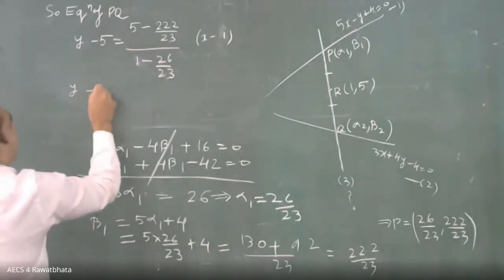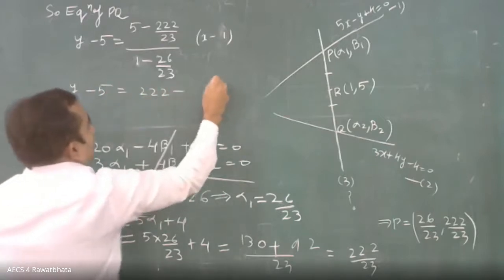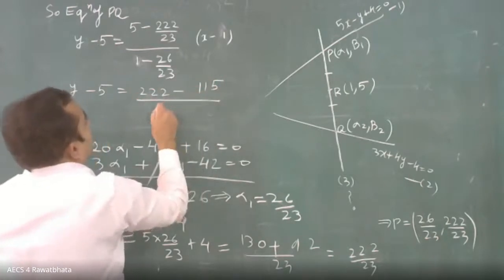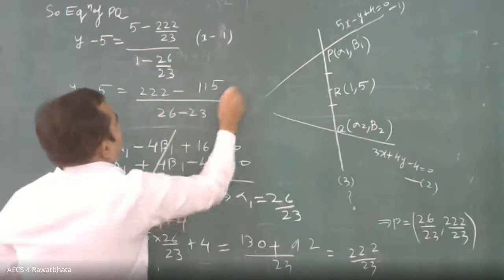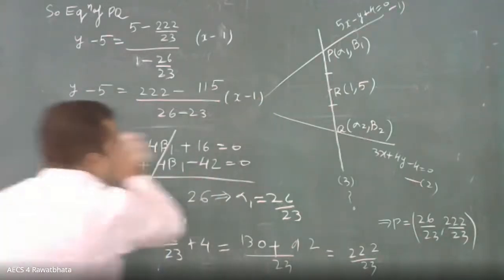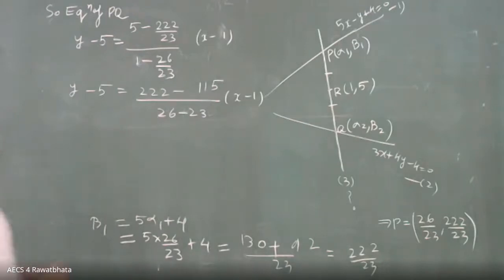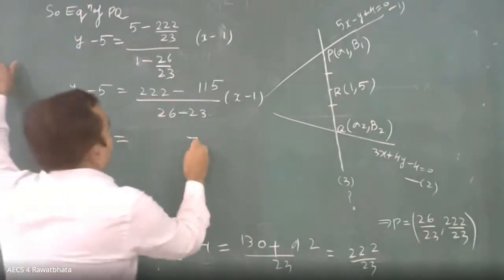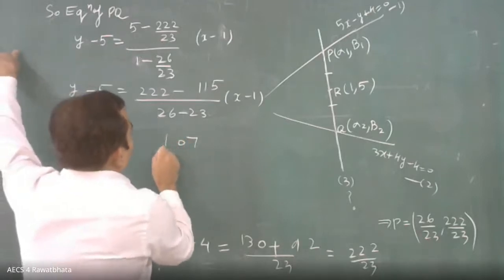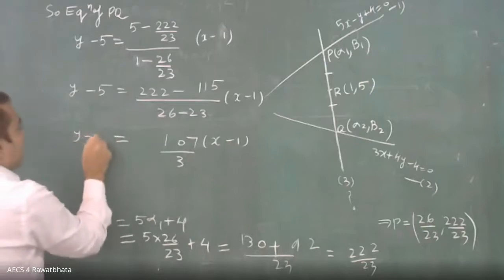So y minus 5 is equal to, simplify. Cross multiply.